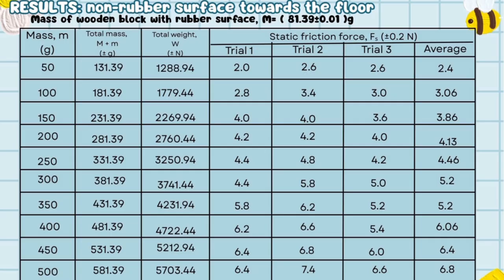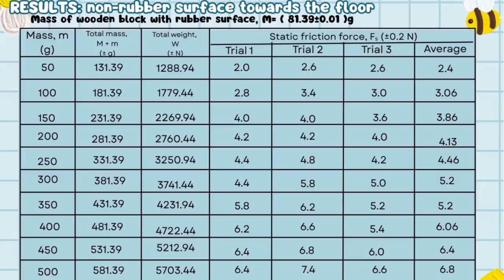The third trial is 2.6, 3.0, 3.6, 4.0, 4.2, 5.0, 5.2, 5.4, 6.0, 6.6. The averages from the first until the last are 2.4, 3.06, 3.86, 4.13, 4.46, 5.2, 5.2, 5.06, 5.4, and the last one is 6.8.